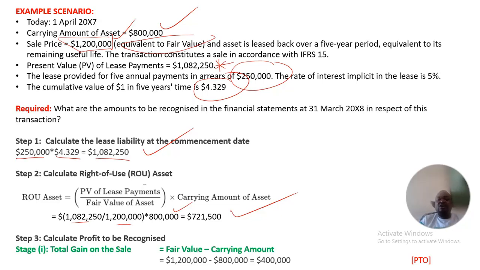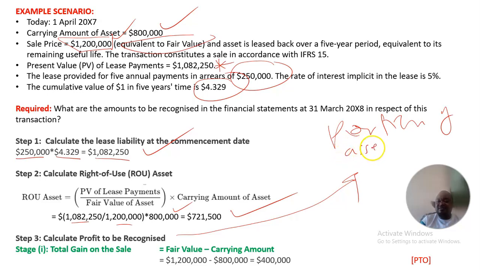Then after that, you compute the profit to be recognized. And I said that you only have to recognize the portion of the asset which was transferred.